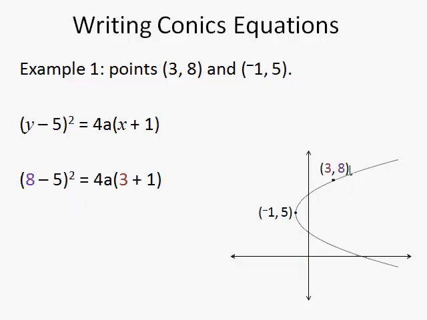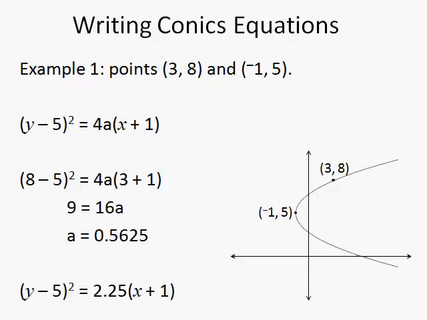But we know that for a y of 8 we get an x of 3, so we can substitute a y of 8 for an x of 3, and this must be true. We solve that, 9 equals 16a, so a must be 9 over 16, and we can substitute that value in, 4 times it, into our equation, and there we have our equation for a parabola. Very simple once we have that vertex.